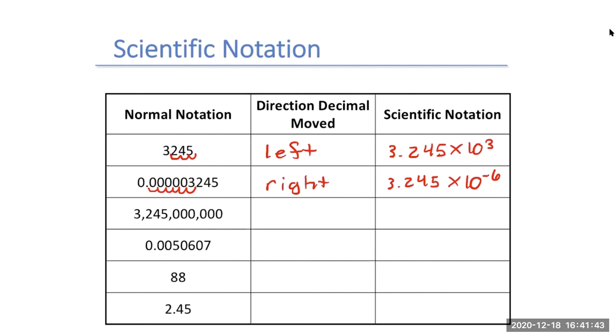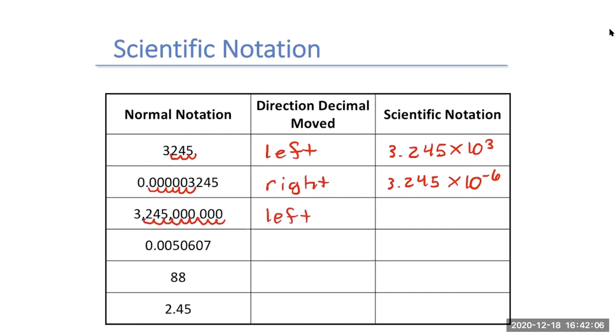So now looking at our next number, we still have that 3,245, but now it's a much greater number. It's a really big number. So we're still going to move it to the left. But now we're going to move it 1, 2, 3, 4, 5, 6, 7, 8, 9.